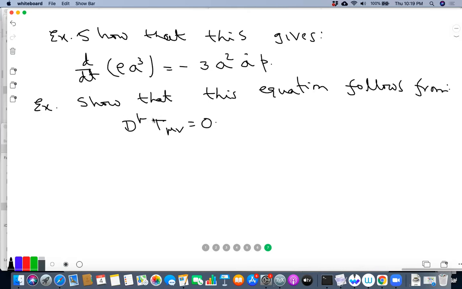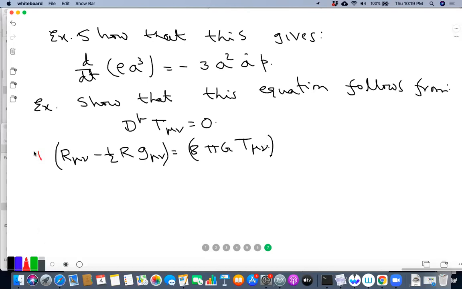And this is not a surprising result, because we know already that Einstein's equation contains the conservation of the energy momentum tensor. If we look at this equation over here and take ∇_μ on both sides, then the left hand side is identically 0 by the Bianchi identity.